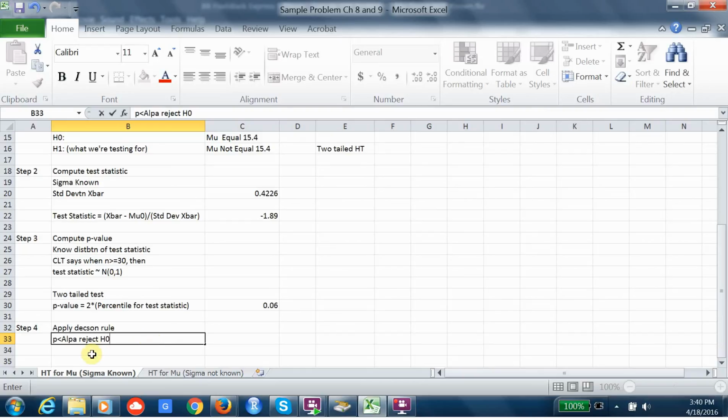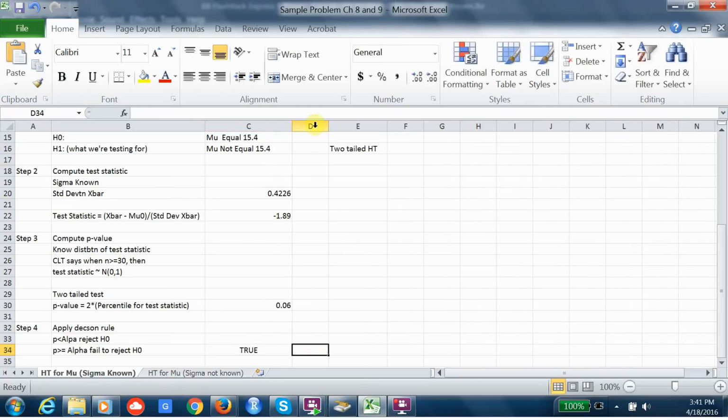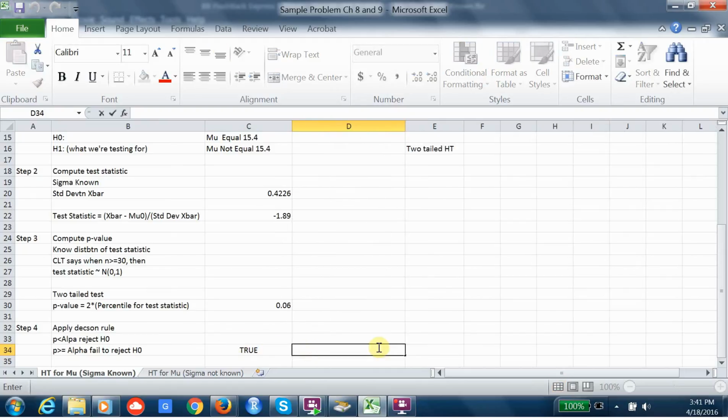And if p is greater than or equal to alpha, we fail to reject H naught. Well, clearly this is the case. Okay, so this is true. So we're going to fail to reject H naught because 0.06 is greater than alpha, which was 0.05. Okay, so we're going to fail to reject H naught.